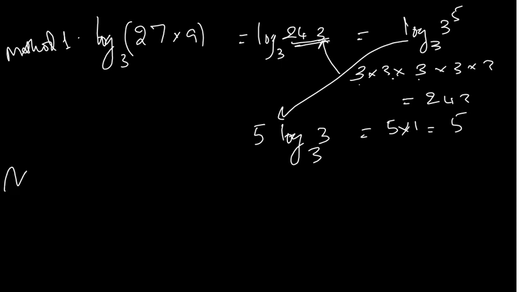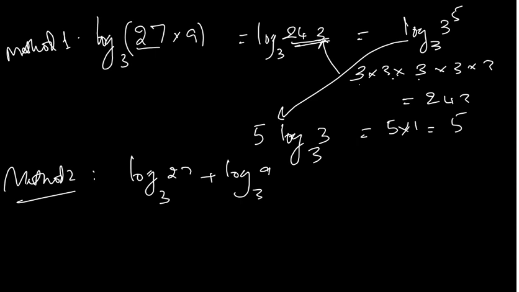So we will do the same thing with method 2: log 27 to the base 3 plus log 9 to the base 3. I write 27 as 3 cube, plus log 3 square to the base 3.